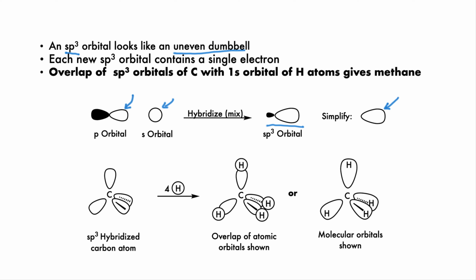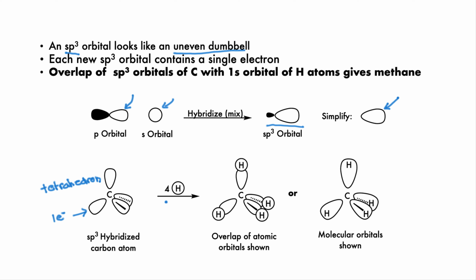We often simplify and omit the tiny lobe of the sp3 orbital. Each of the 4 sp3 orbitals contains an electron, so they array themselves in a tetrahedron to keep the electrons as far apart from each other as possible. That is, to minimize electron repulsion.